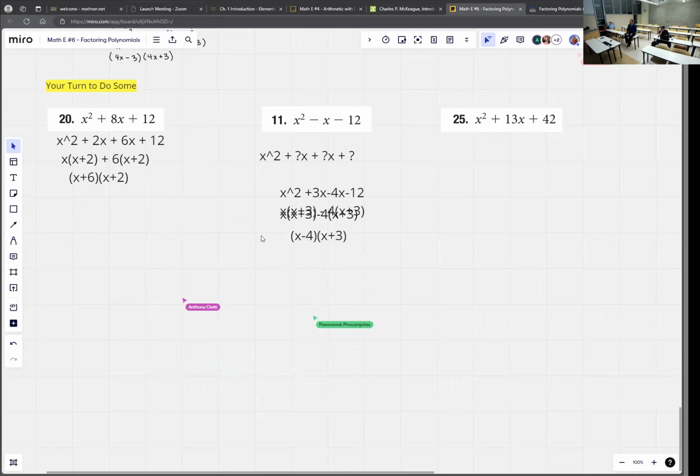Yeah, my shoelaces are caught in the spokes. 25 should be easier than 11. It's all positives. This should be back like number 20. And it is time to stop though, it's 7:50.